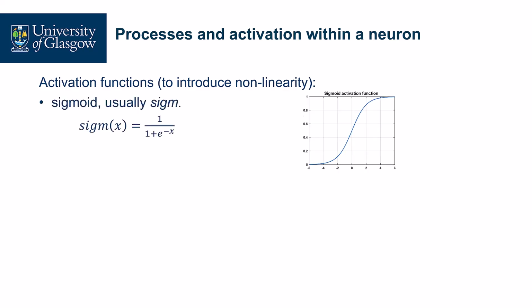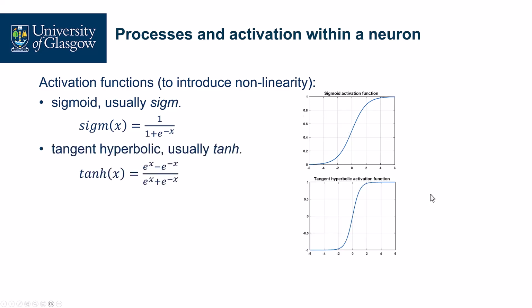The first one is the sigmoid function. We can see the formula is like this, and the shape is like this. For an input, it will be transferred to a number between 0 and 1. The second one we call the hyperbolic tangent. We can see this figure, and the formula is here.